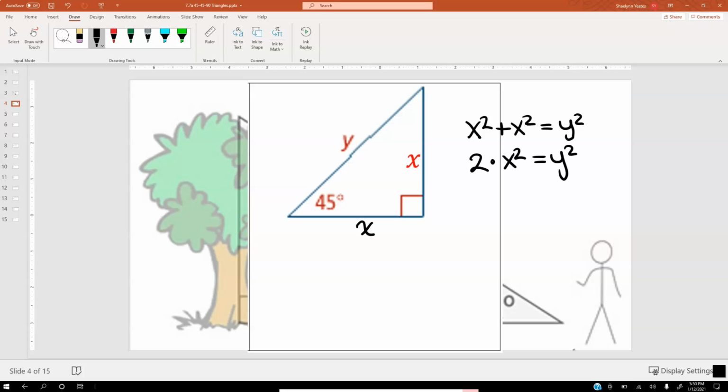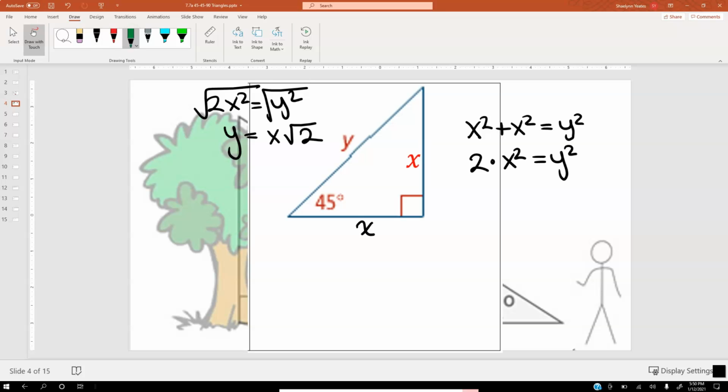So I'm going to first solve for y because that's probably the easiest. So I have 2x squared equals y squared. If I solve for y, I just take the square root. And I end up finding out that y equals x square root 2. So y in terms of x is just square root of 2 times the x value.